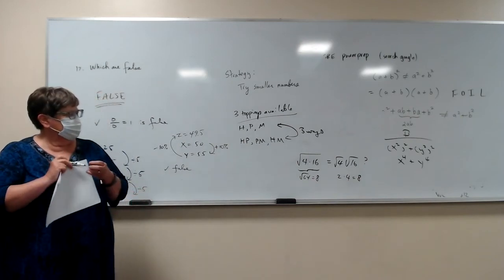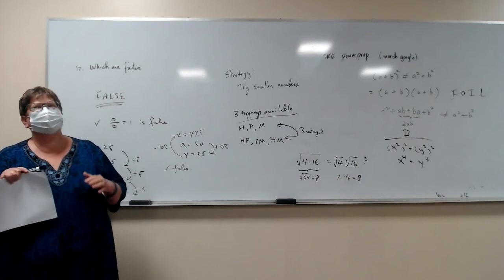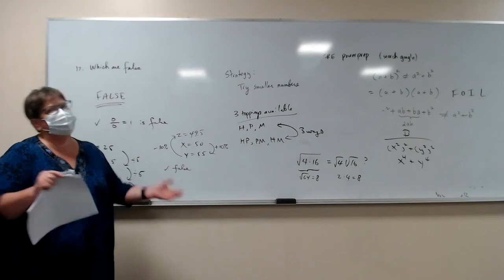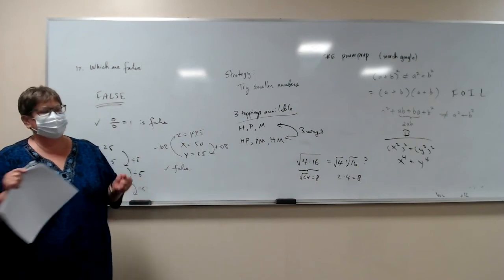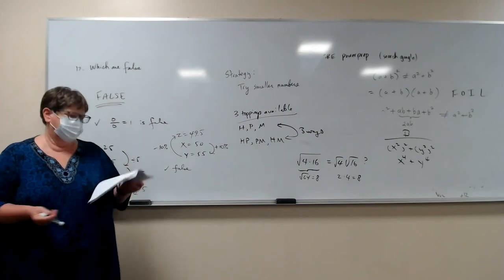There's an art to picking specific numbers, right? It's got to be general enough. It's got to be nice enough to be helpful. It's got to meet the requirements. It's a skill you got to practice.